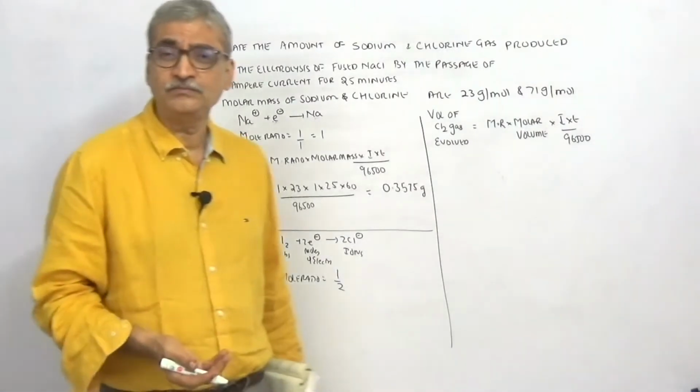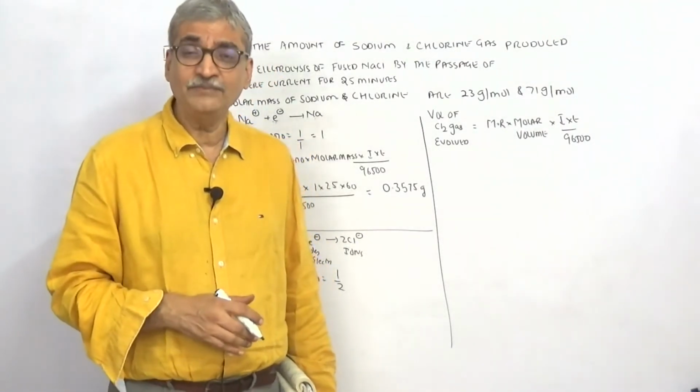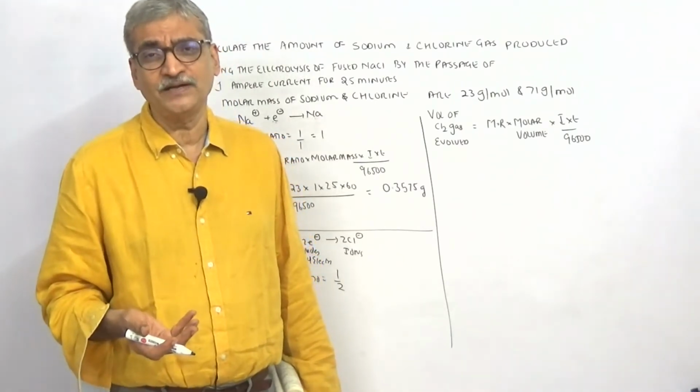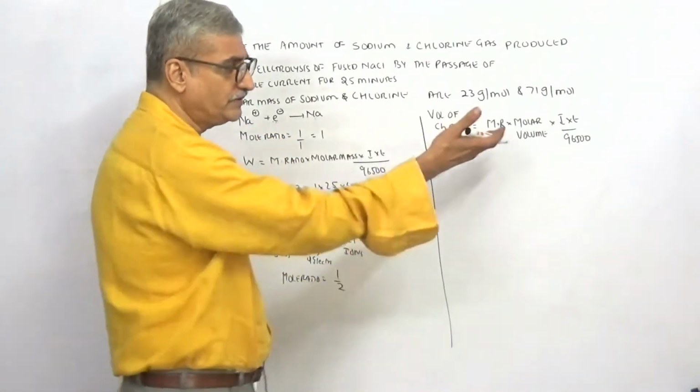What is molar volume? 22,400 ml. 1 mole of any gas has a volume of 22,400 ml at STP. That's what you have to substitute.